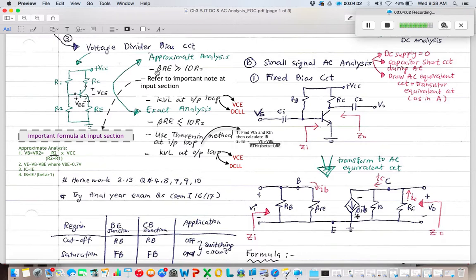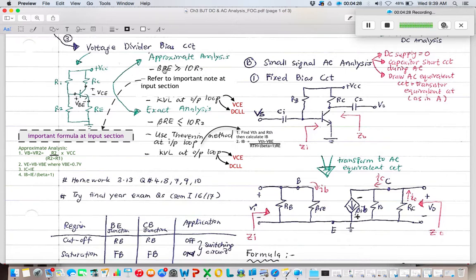Beta is usually given in the question, RE is also given in the question. So you just need to multiply them and obtain the beta RE value. And then you calculate the 10 times R2. This is R2. Cannot see this one clearly here.